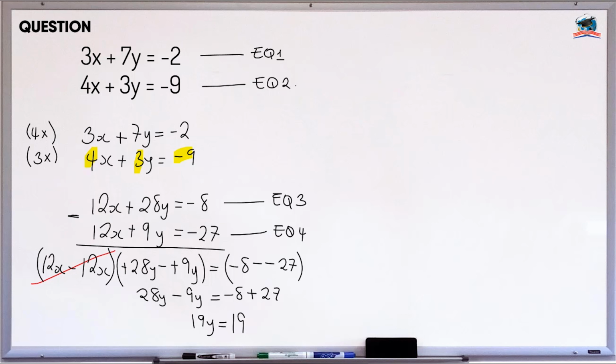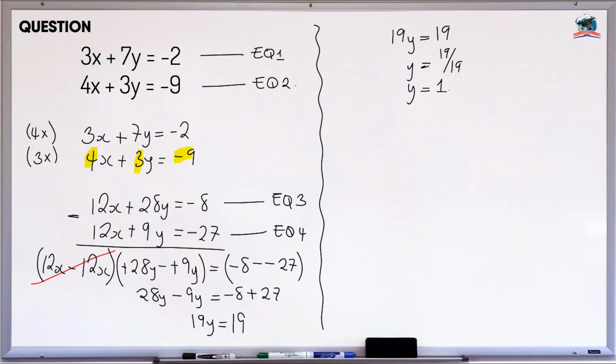Let's repeat the 19y is equal to 19 to make it easier to understand. Move 19 to the other side. Y will be 19 divided by 19, and y will give us 1. Beautiful. Now we have the value for y.